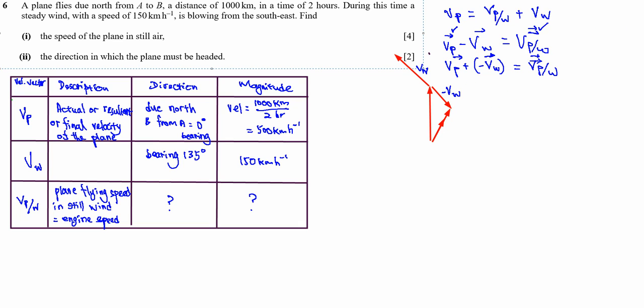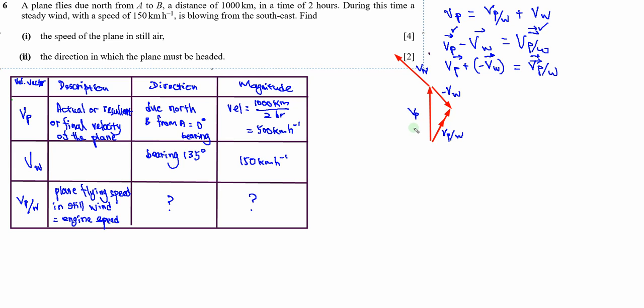So now to complete the velocity vector diagram, this VP, then this plus this gives you this resultant, so this two arrow is VPW. Okay, now we can put in the info.